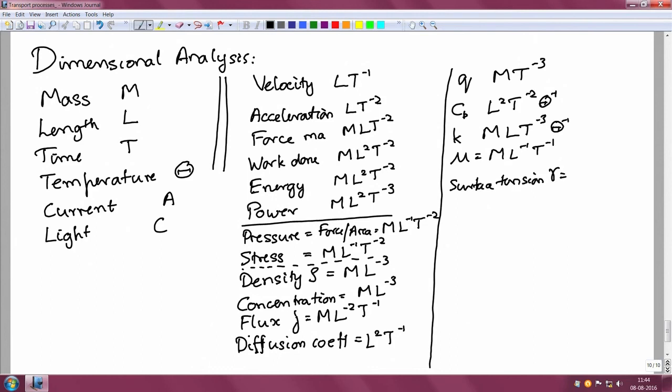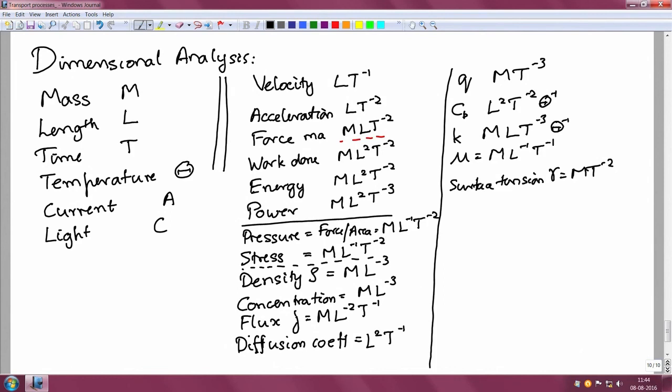So, force per unit length will basically be force, m L T to the minus 2, divided by length. So, this is just equal to m T to the minus 2. And these are the dimensions of the common quantities that we will use during this lecture.